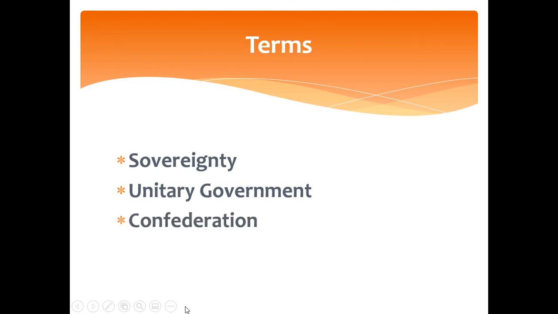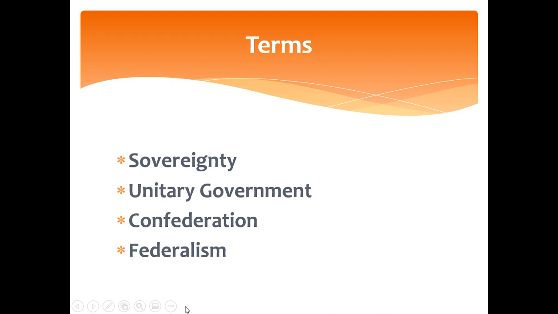Confederation. Please remember, a confederation is a system with a weak national government, but it has strong state or regional governments. Finally, and what we ended up with today, federalism.